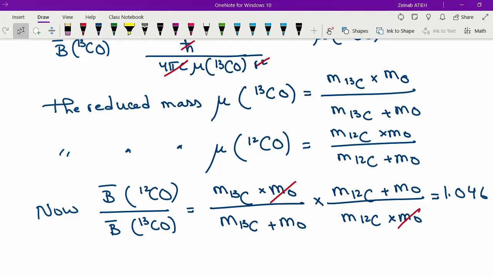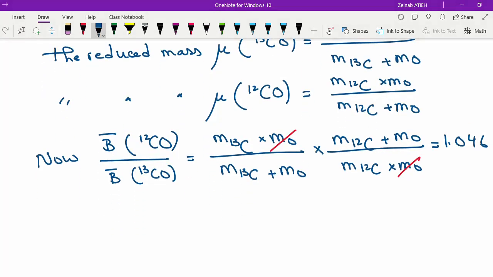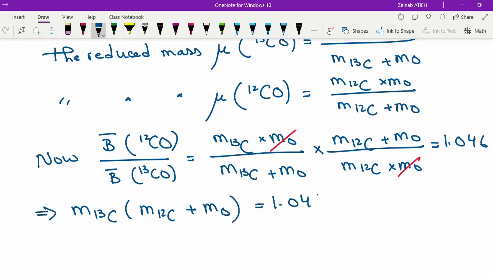Let's arrange the equation, so we will get: mass of C13 multiplied by the mass of C12 plus the mass of O equals 1.046 times the mass of C12 multiplied by the mass of C13 plus the mass of O, just cross multiply. So I'm going to arrange the mass of C13 to one side.